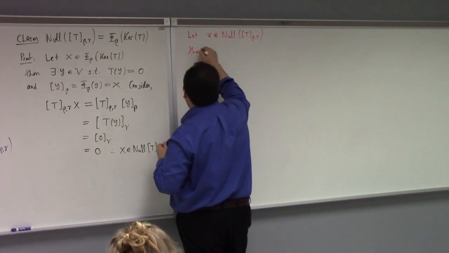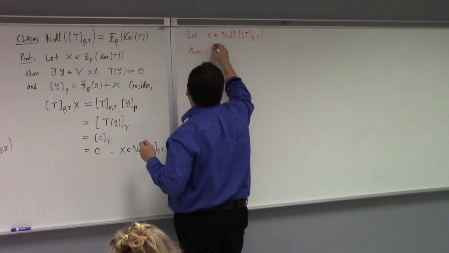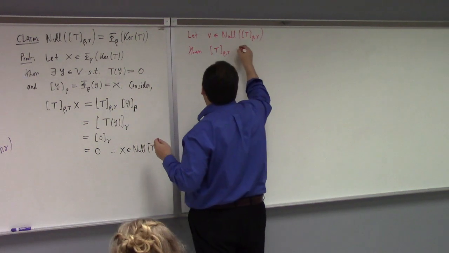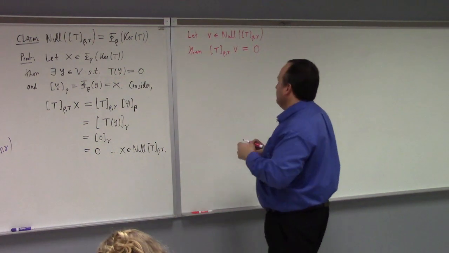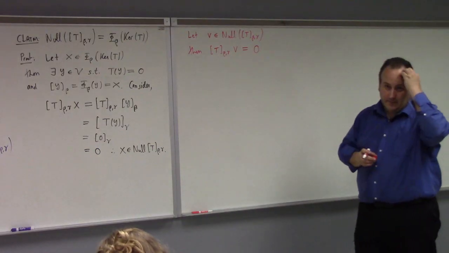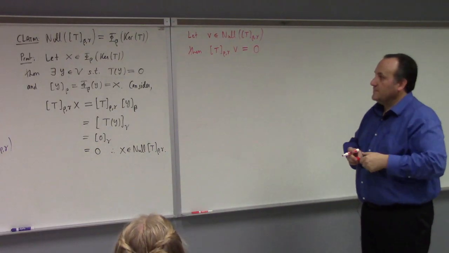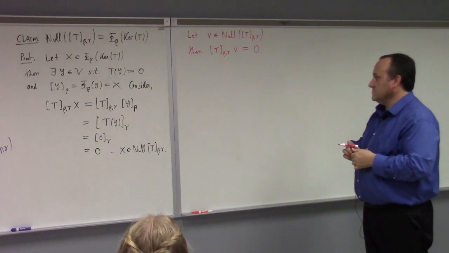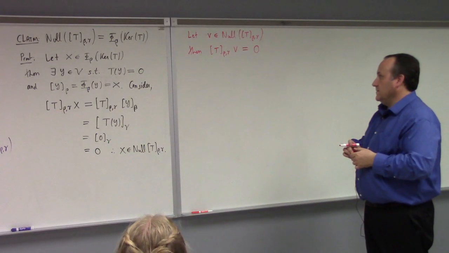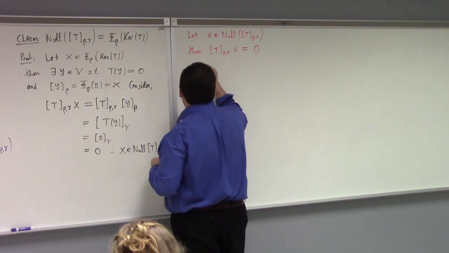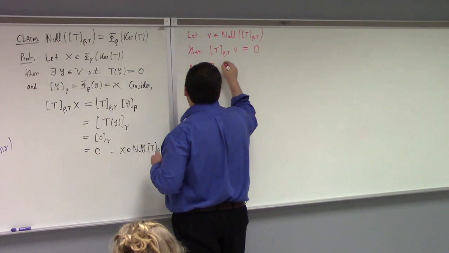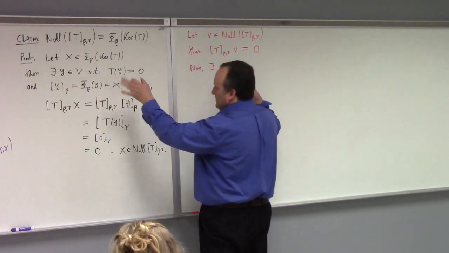Then T_{β,γ} times V is equal to 0, right? Note, there exists, I don't want to use x and y because I used them in the previous part.